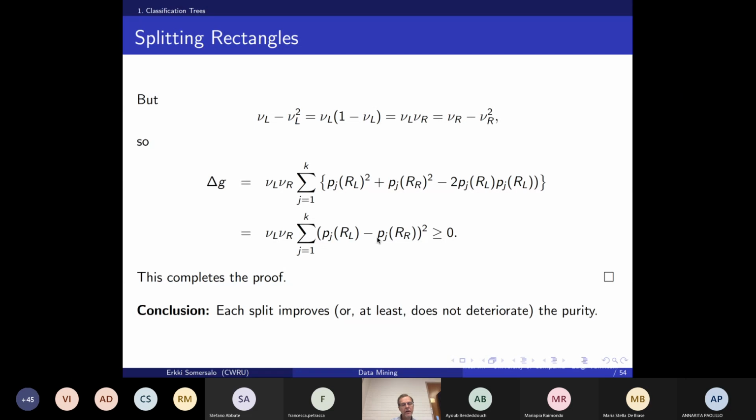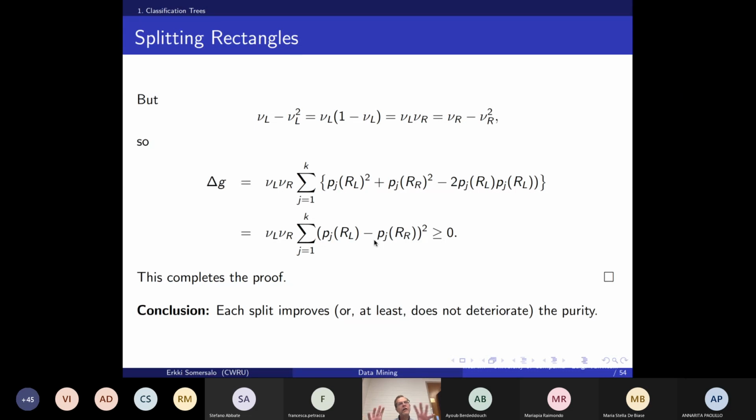So that's the idea. The conclusion of this proof is that each split, no matter how you do it, improves or at least does not deteriorate the purity. So you cannot do worse if you split. But obviously, if you choose your split in a way which is not changing the ratios of the classes, then you are not improving either.